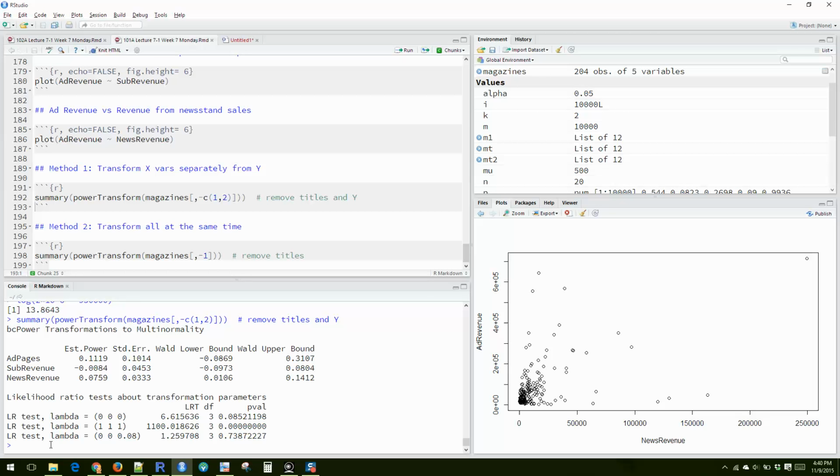The model is lm of ad revenue as explained by log of ad pages and log of subscription revenue and log of news revenue.